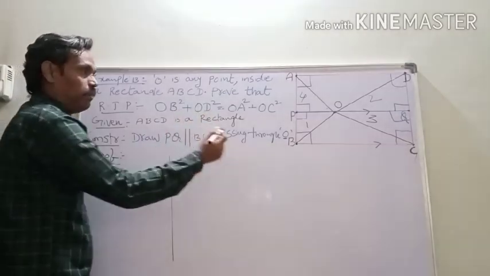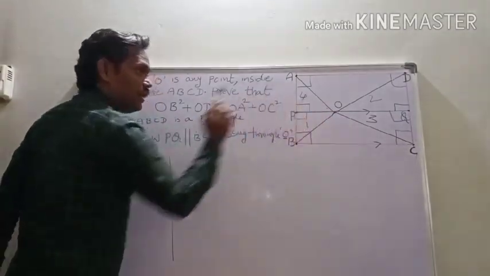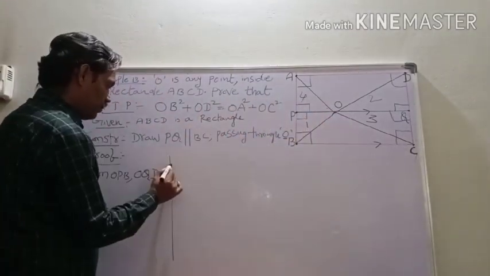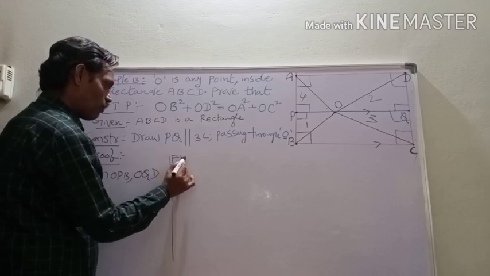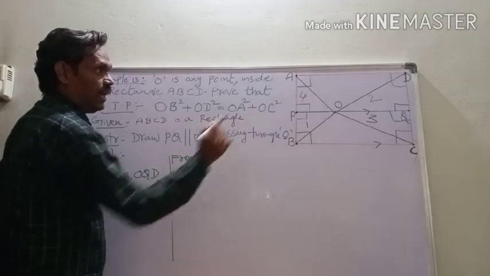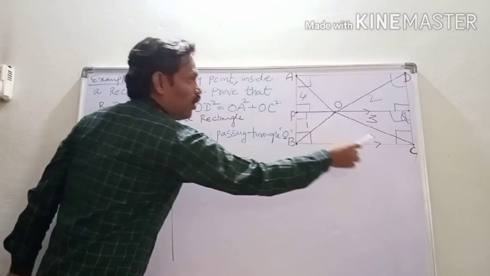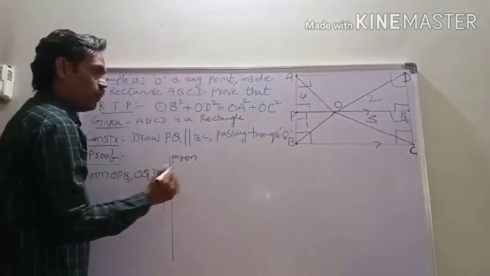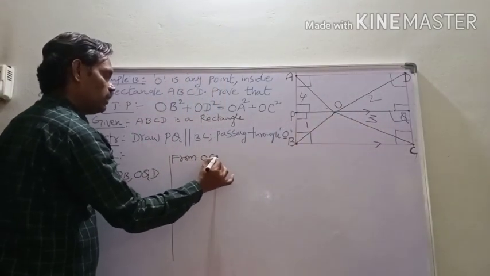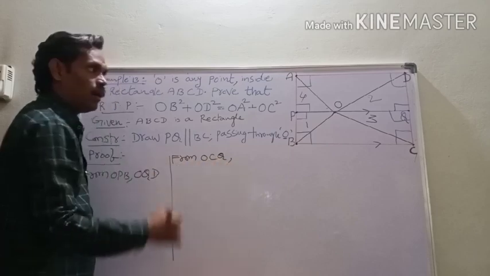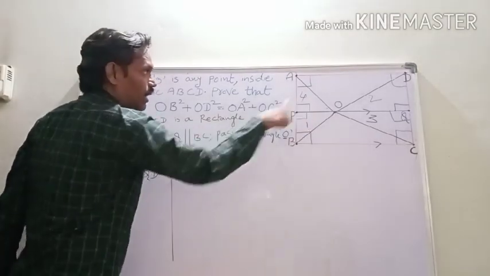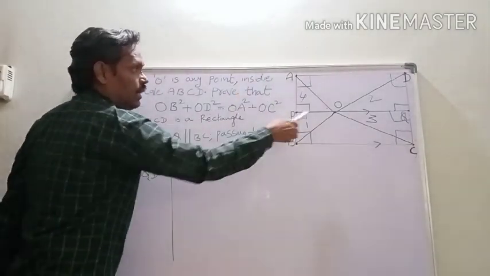What is the other pair? Triangle 3 and triangle 4. So what is triangle 3? OCQ. From OCQ, what is the fourth triangle? APO.